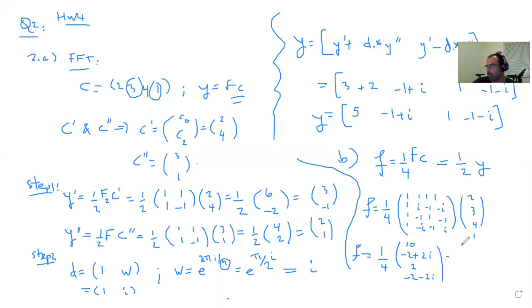This is equal to 5/2, minus half plus half i, half, and minus half i, the last component. And of course, as you can see, this is nothing but half of y.